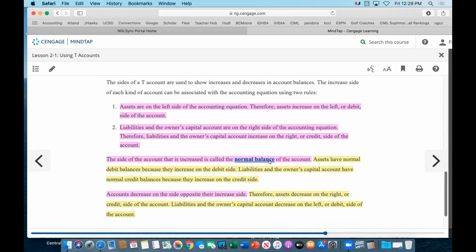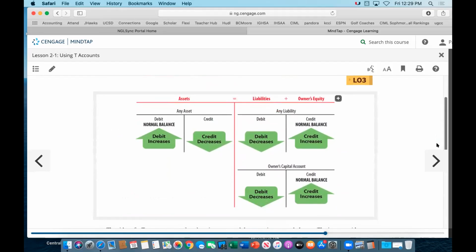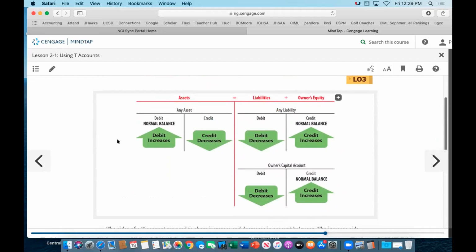There's this thing called normal balance. What is a normal balance? A normal balance is another way of saying increase side. So if we're saying normal balance, it's a synonym for increase side. So the normal balance for an asset is a debit.